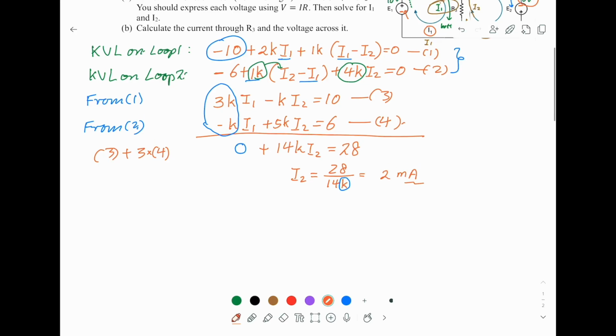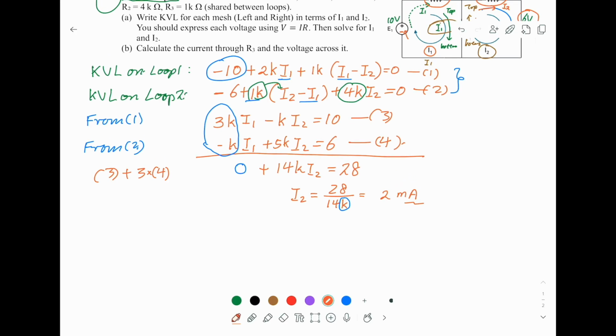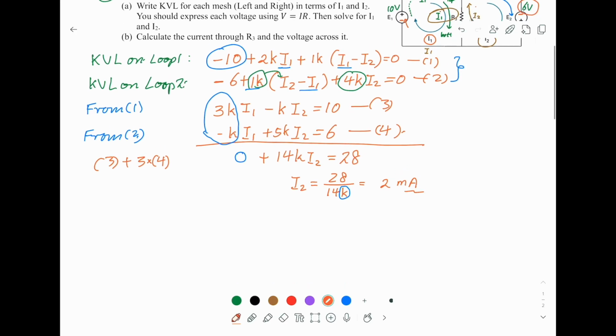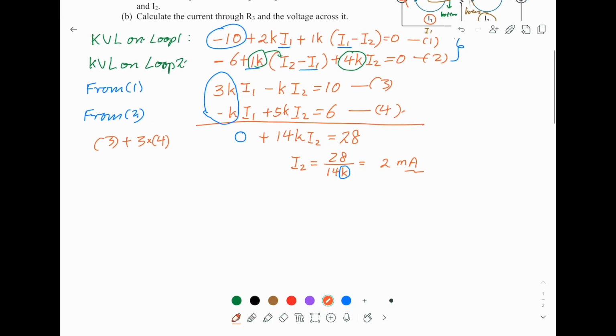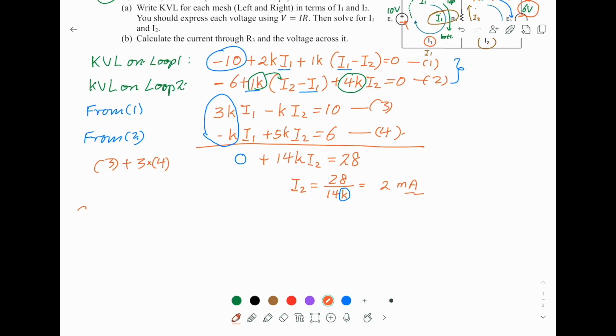Once we know I2, we can substitute it back into either 3 or 4. Maybe we can do it with, say, 4. So we substitute I2 equal to 2 mA into 4. So you have minus k I1 plus 5k times 2m equal to 6. Now again, you don't need the A here. You just keep the prefix m.